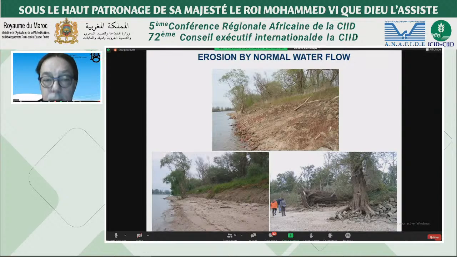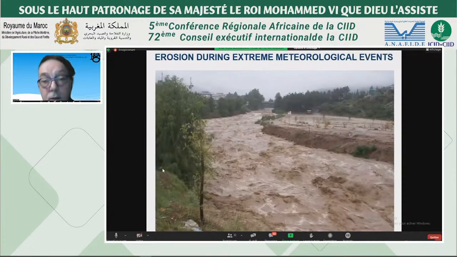On peut avoir une érosion par un passage normal de l'eau sur des surfaces qui peut affecter les voies d'eau. Durant les événements météorologiques extrêmes, le taux de perte en termes de sol et d'érosion peut être augmenté de manière dramatique.